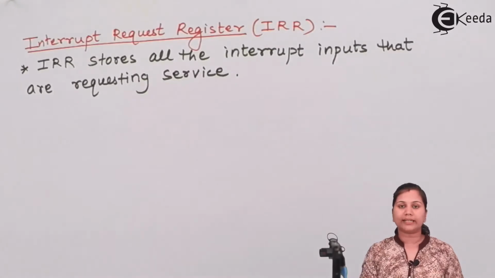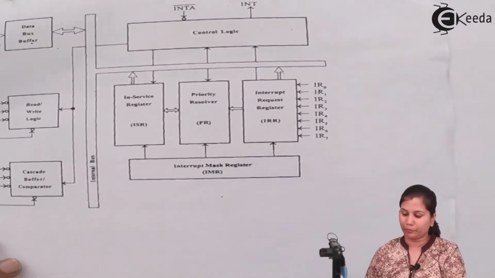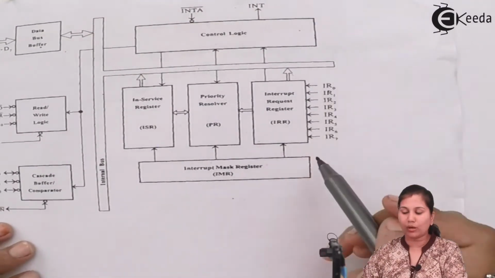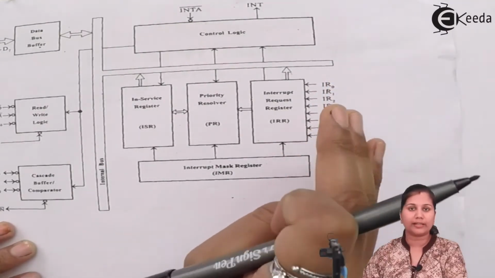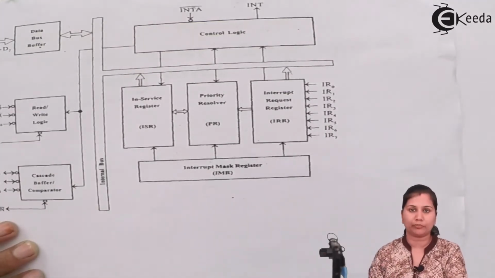We know that the 8259, this programmable interrupt controller, can handle 8 interrupts at a time. So for these 8 interrupts, we have 8 input pins, from IR0 to IR7. These are the interrupt pins which accept the interrupt requests from the various devices which want to interrupt the microprocessor.